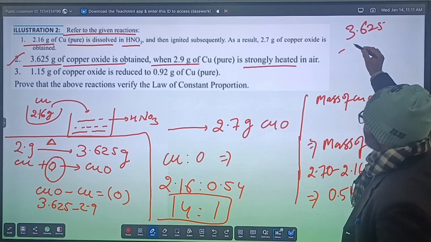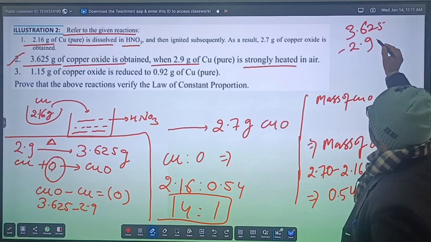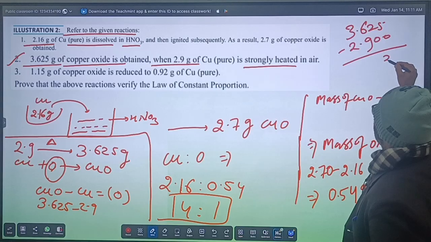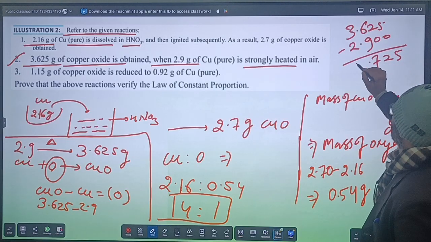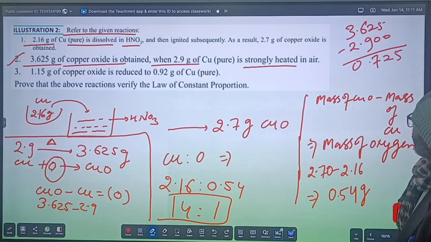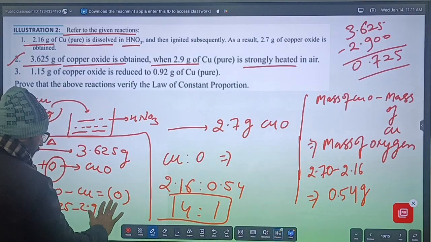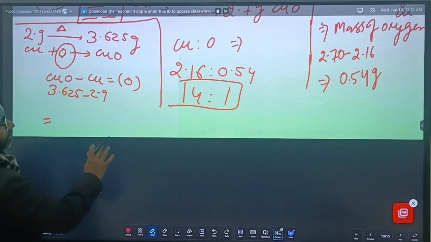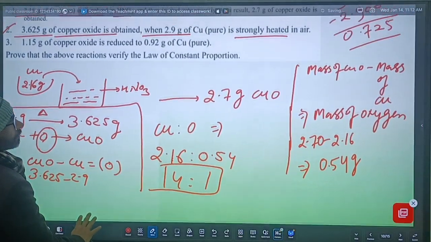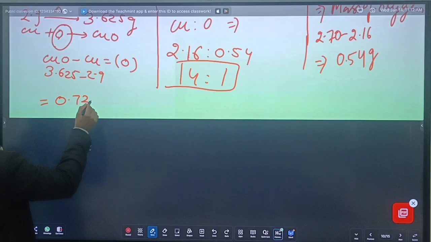This is the mass of oxygen and it comes out 0.725.